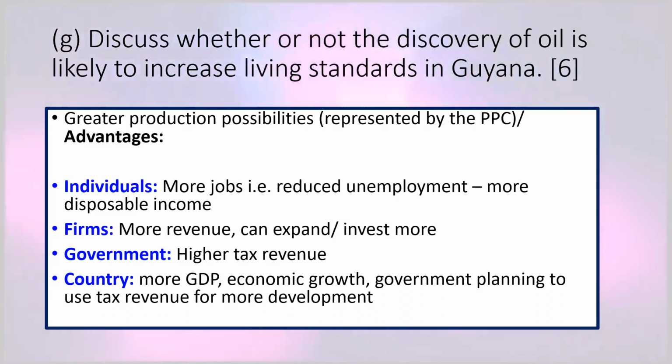Government having high revenue, what does that mean in terms of living standards? Government can subsidize more goods and services, and maybe invest in infrastructure. And overall, for the country, you can say there's more GDP and economic growth. In fact, it is stated in the passage that the government is planning to use the tax revenue for more development.